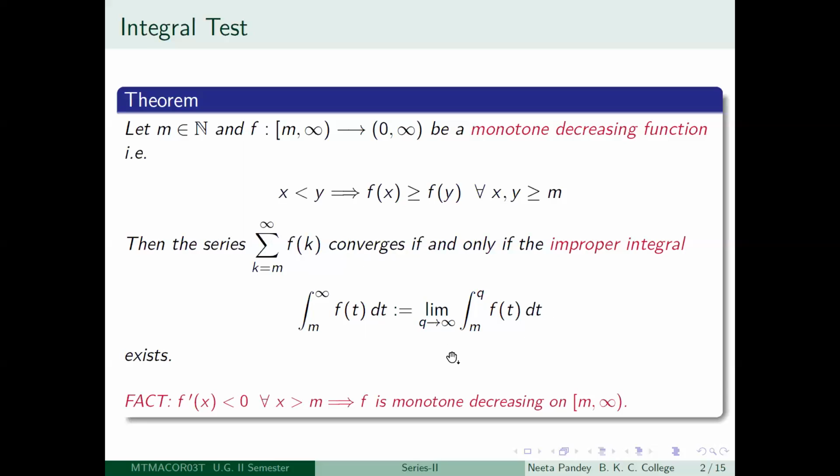And the other possibility, when this sequence actually diverges to infinity, we say that this improper integral diverges to infinity. And in that case, the integral test is telling you that that again is a necessary and sufficient condition for this particular series to diverge to infinity.